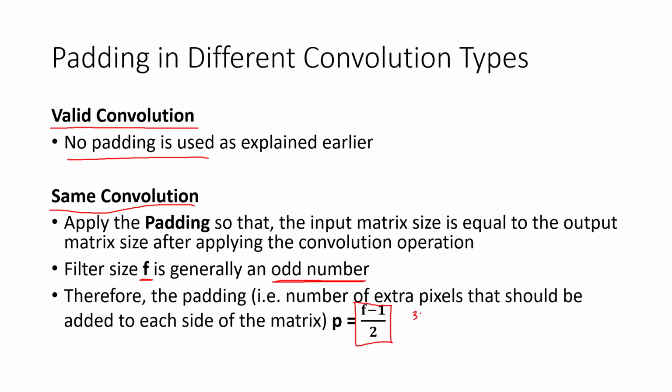So for a 3 by 3 filter, you can add a single layer of pixels with 0 value around the original image, so that you have a same convolution where the resultant matrix has the same number of values as the original matrix. That is known as the same convolution.